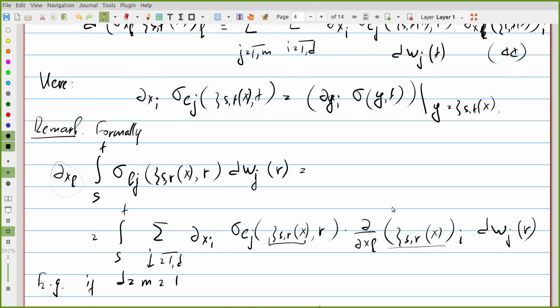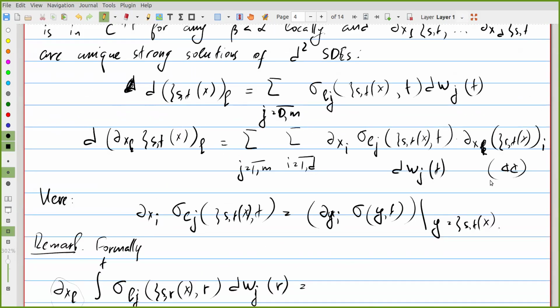Now, before continuing, we need to say something about this SDE, because this SDE is different from what we considered. It's different in the way its coefficients are. The coefficients that we considered before were functions of two variables, x and t.